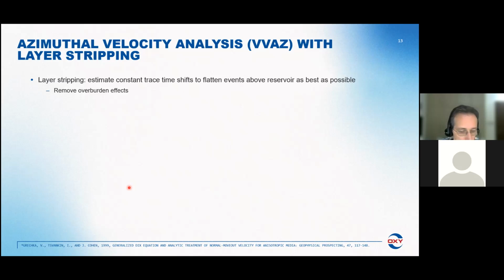We need to remove the effect of that first before we can determine the effect of the anisotropy in the reservoir itself. So we want to flatten all the events above the reservoir as best as possible, removing overburden effects. And then we input those gathers to the azimuthal velocity analysis.